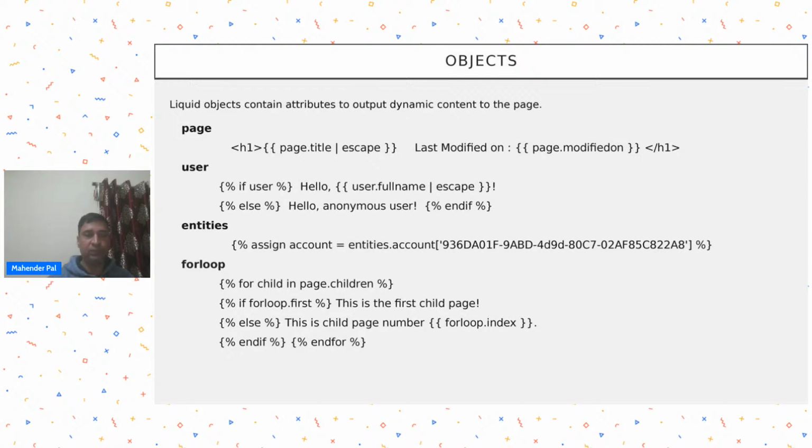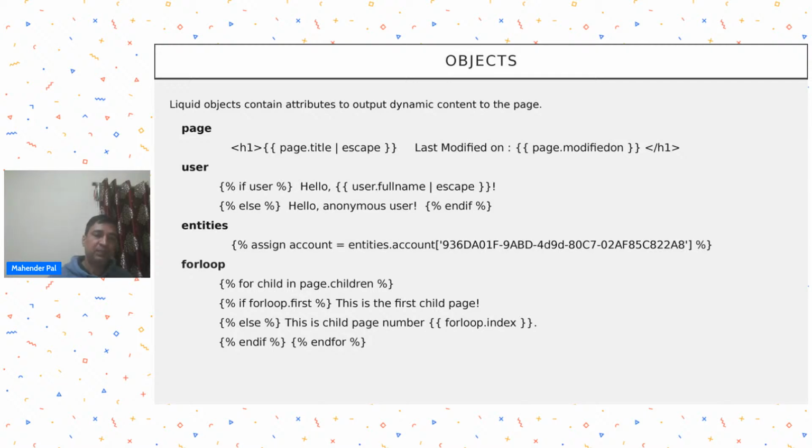If they are an authenticated user, it will have the details of that user, such as the user's full name. Here we are using the full name property under this object. It will fetch the current user's full name, and if it's not an authenticated user, then we are saying it's an anonymous user, right?